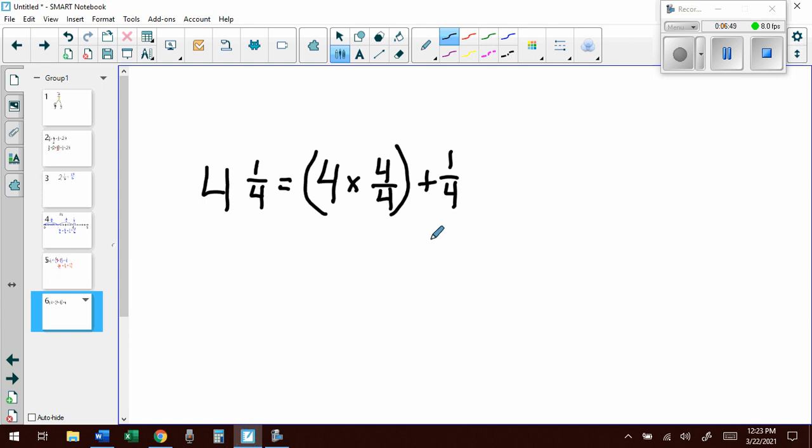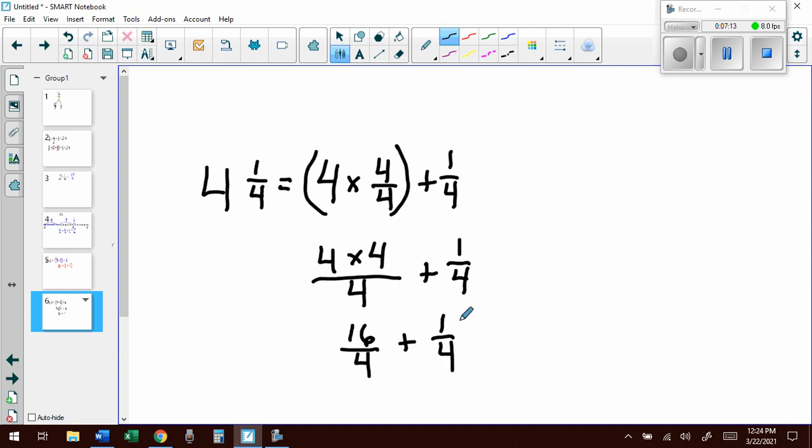And what we did, we took 4 times 4, keeping our denominator the same, plus 1/4, and that equaled 16/4 plus 1/4, and that gave us the answer of 17/4.